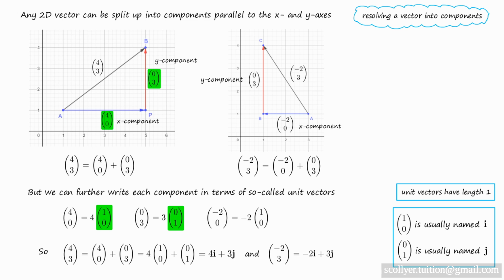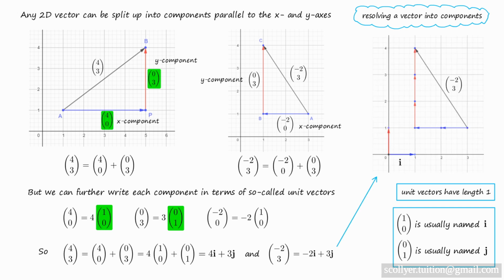We can write minus 2i plus 3j graphically as so. The blue vector is i, the red vector is j, and minus 2, 3 can be decomposed into unit vectors as follows. Minus i plus j plus j plus j.